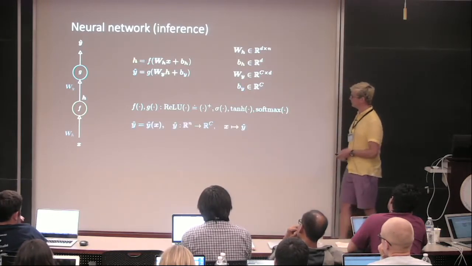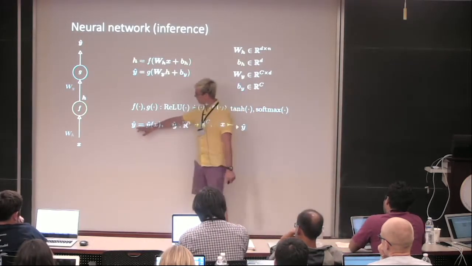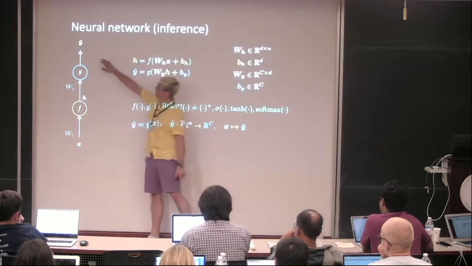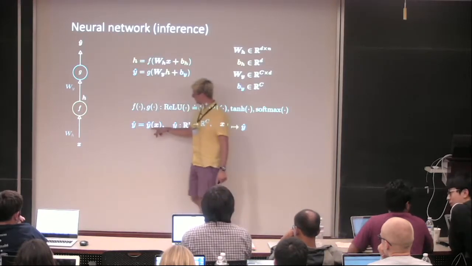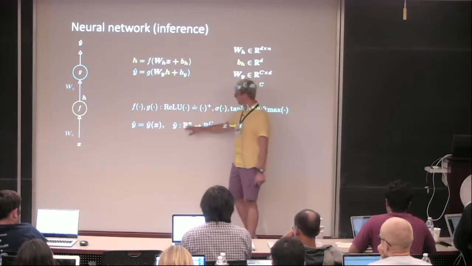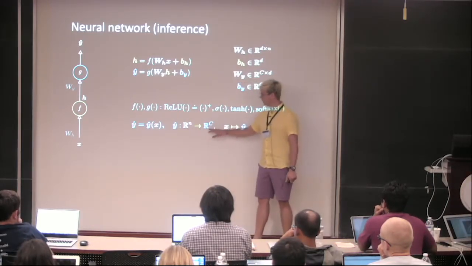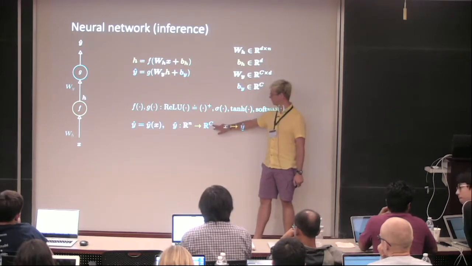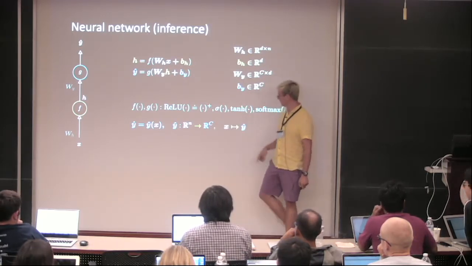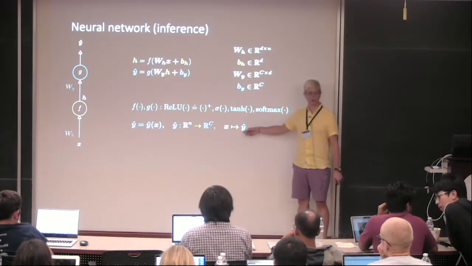The summary of this slide is that my y hat, which is my prediction here, is a function of my input, which is fed down there, and y hat goes from the input space to this kind of categorical space where we are representing different classes. Here we go again, mapping the input to its own class.